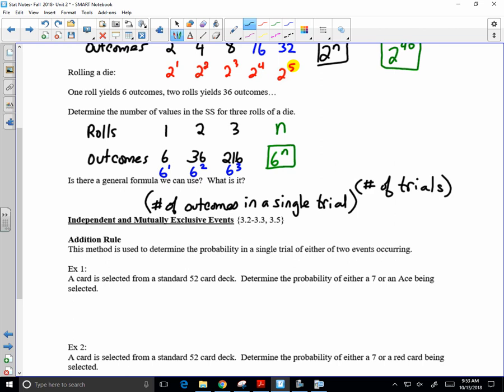Now, we'll learn later on how we handle situations where maybe you have a roll of a die and a flip of a coin in the same experiment. If that's the case, we have to make some adjustments to this, but that's a different story for a different time.